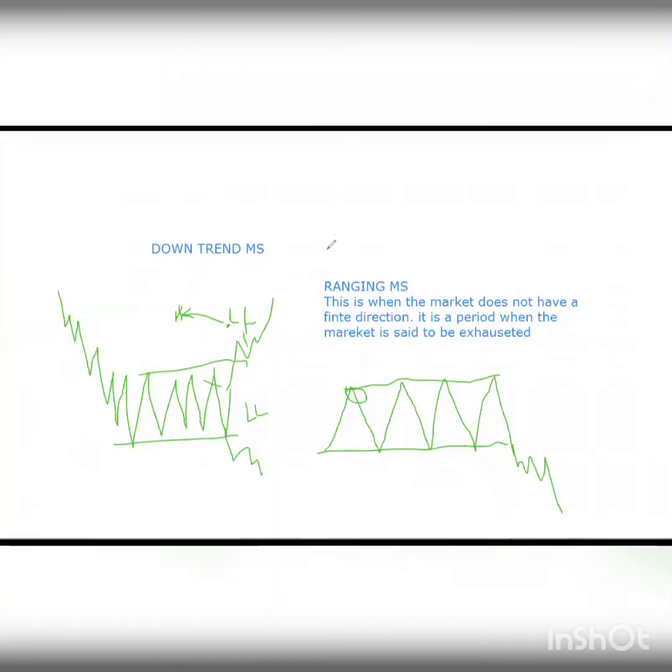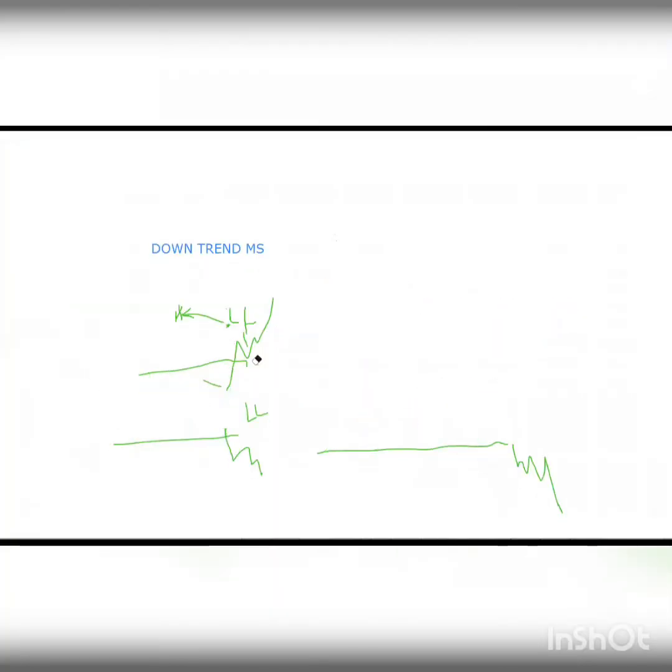I know some of you might be asking yourself the question: how do I know when this market is about to change from an uptrend to a downtrend? So guys, simple answer is structure.